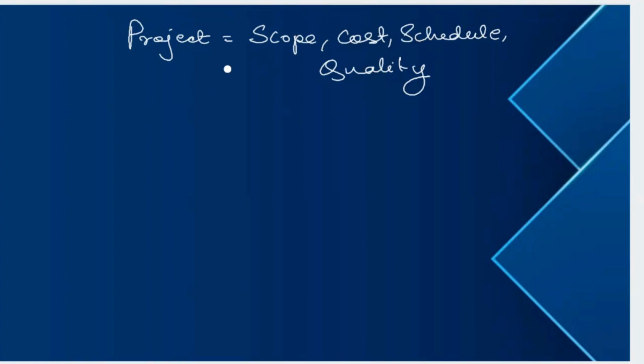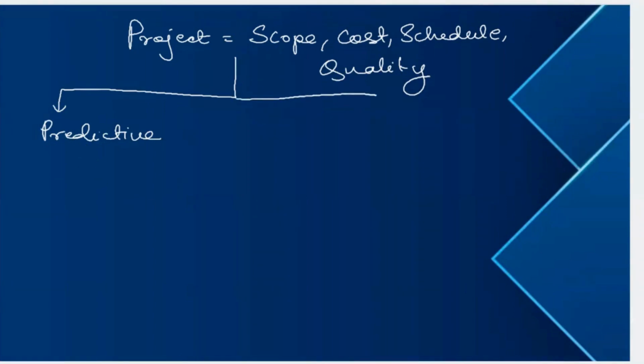So whenever you get to know that scope is very fixed, we use predictive life cycle, right? If the scope is very certain and the customer knows what he or she wants at the beginning of the project, and if we can fix this at the very start in the planning stage, we use predictive.